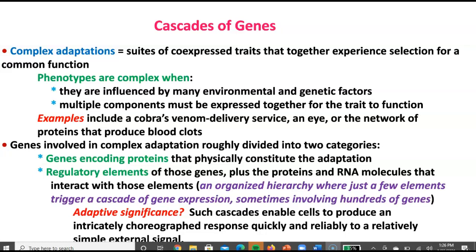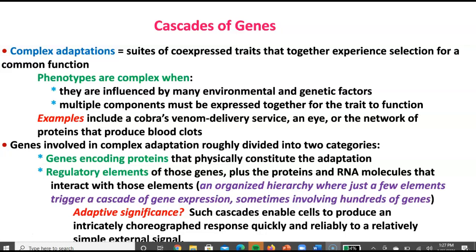So we've got a formal definition here on the top of the slide. Complex adaptations include suites of co-expressed traits that together experience selection for a common function.